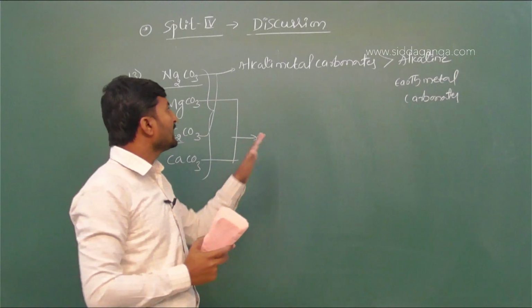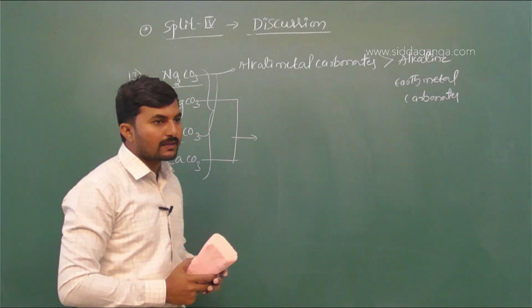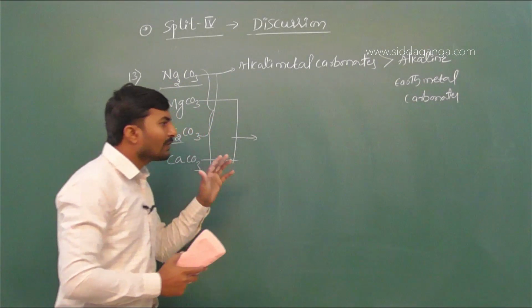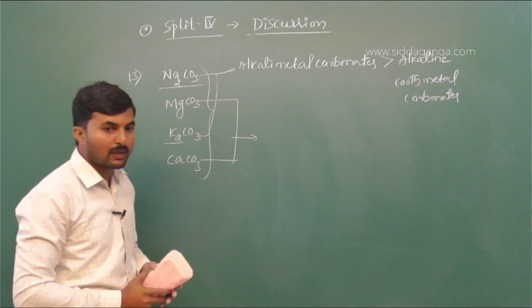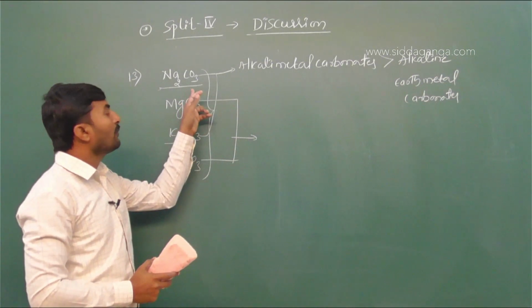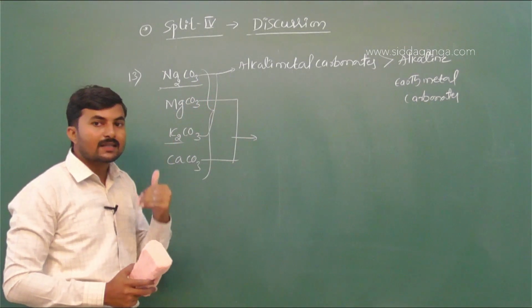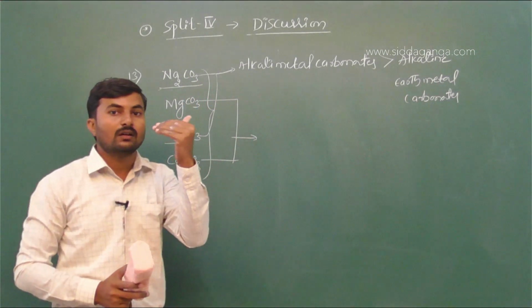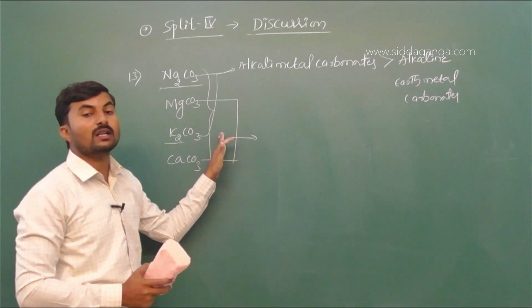So why do we need this concept? The stability of alkali and alkaline earth metal carbonates. If the carbonate is more stable, it has a lesser tendency towards decomposition, meaning it does not undergo decomposition easily.